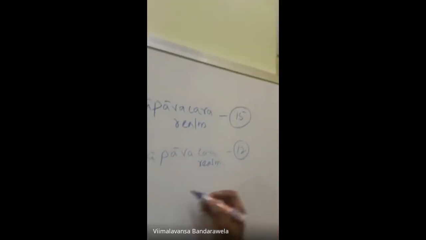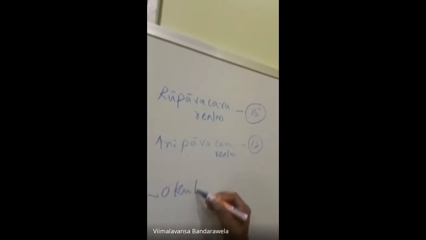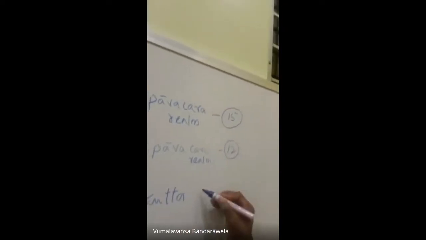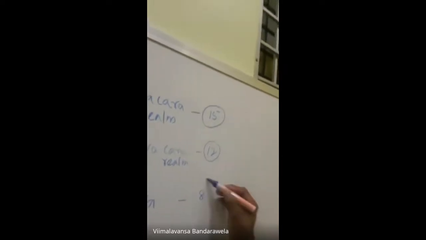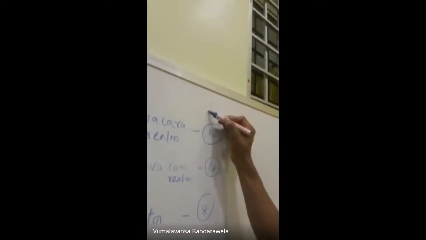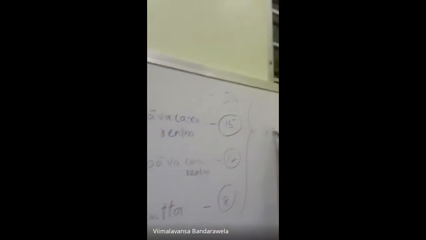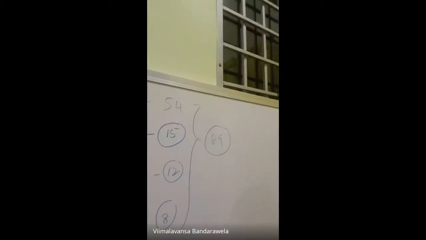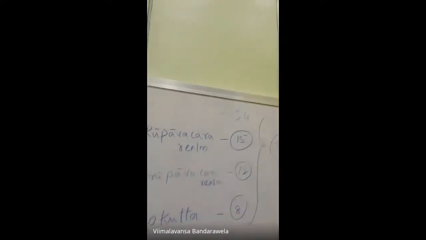Then the Lokuttara world, you have 8 consciousness. So altogether, with the 54 of Kamavachara, you have 89 consciousness. Can you see? Okay. Everything you want to write down here.